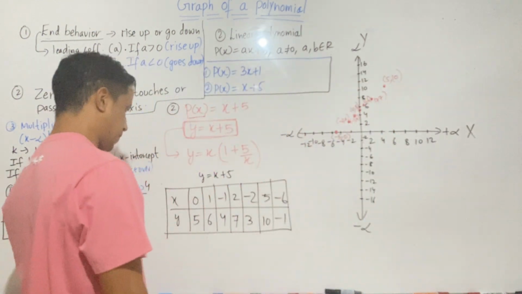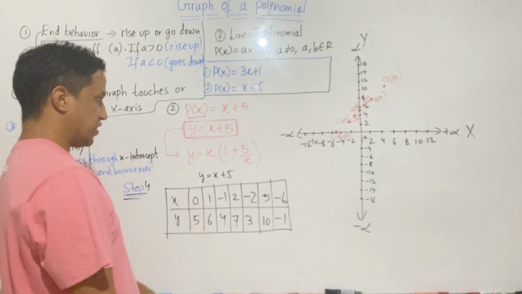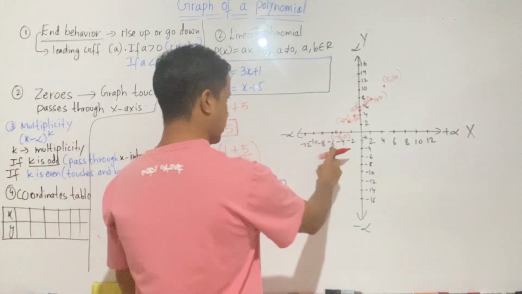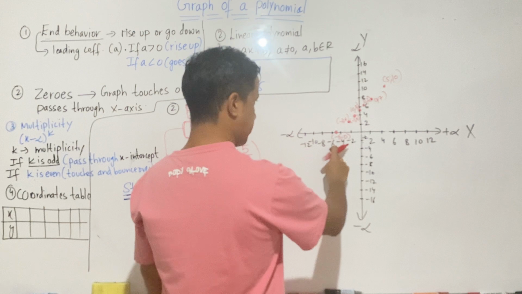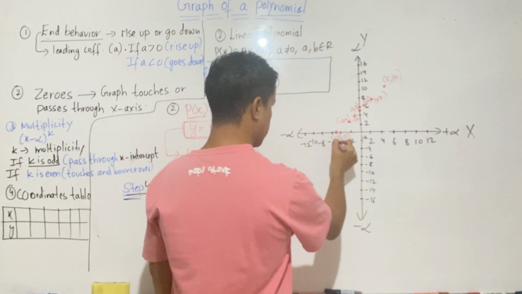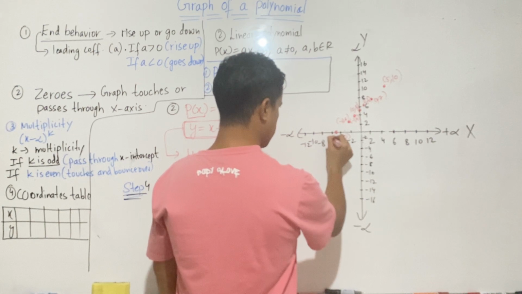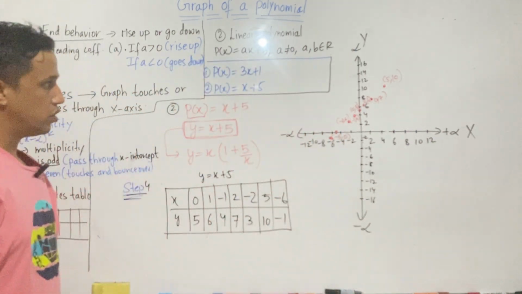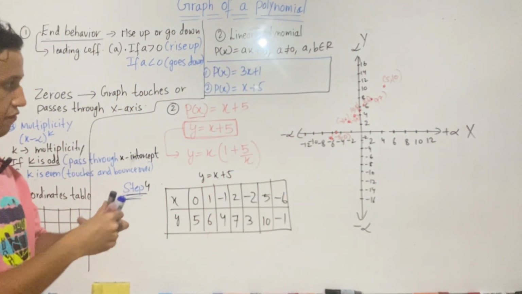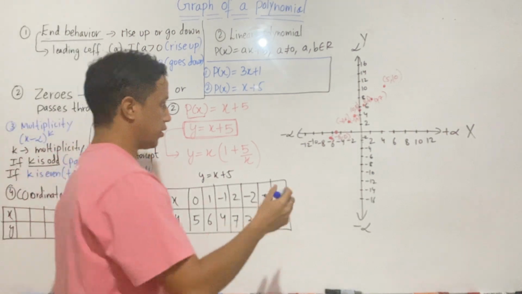Okay, then x minus 6 and y minus 1, this point. Okay.